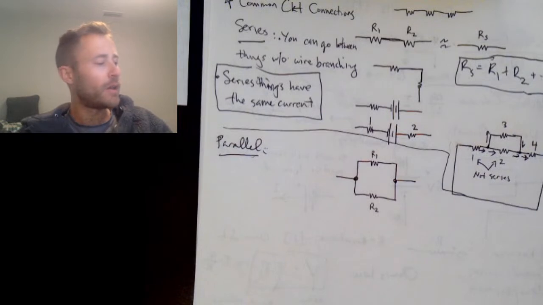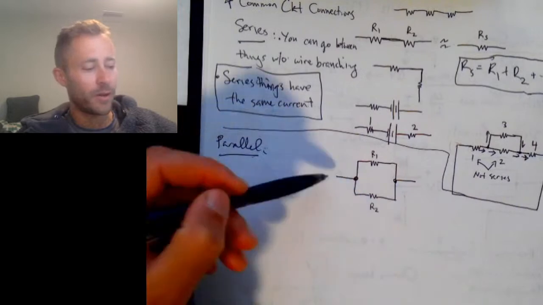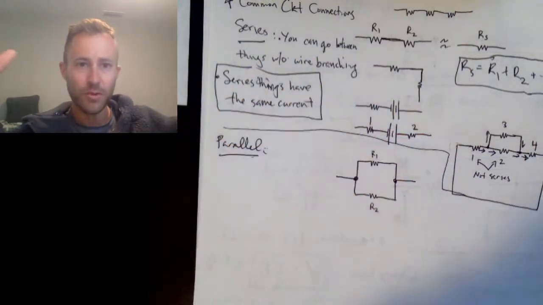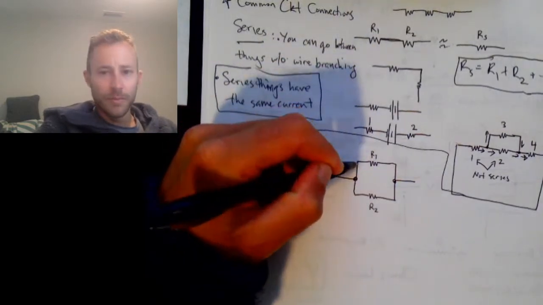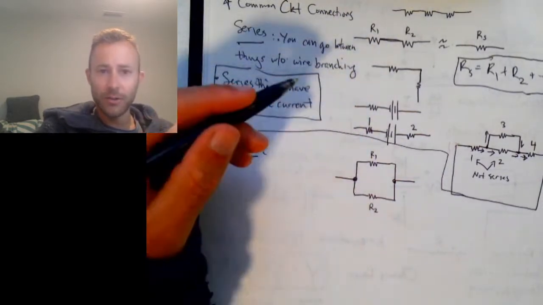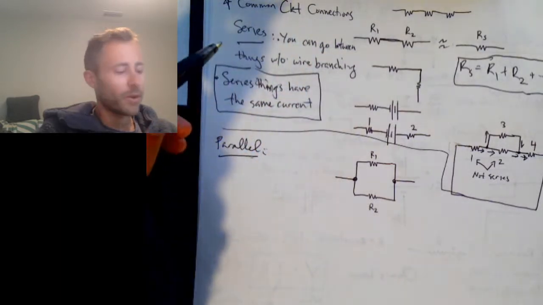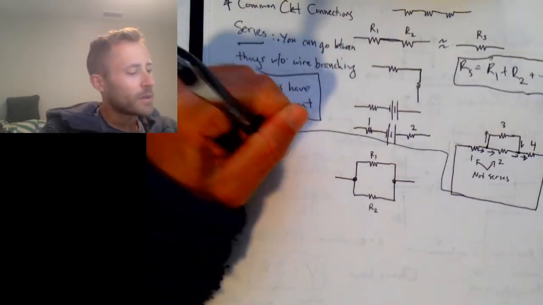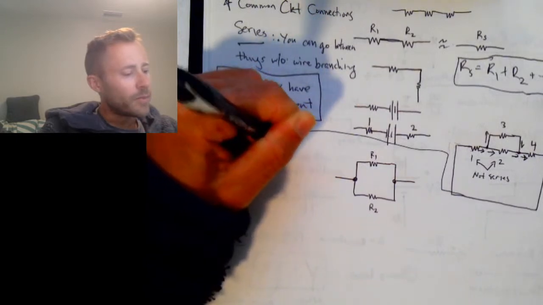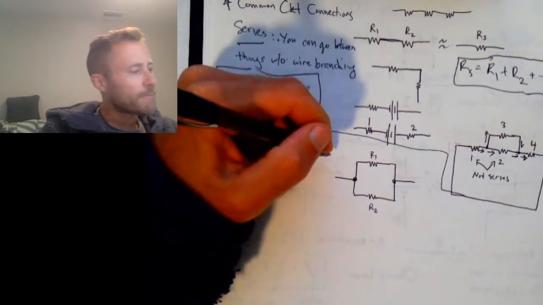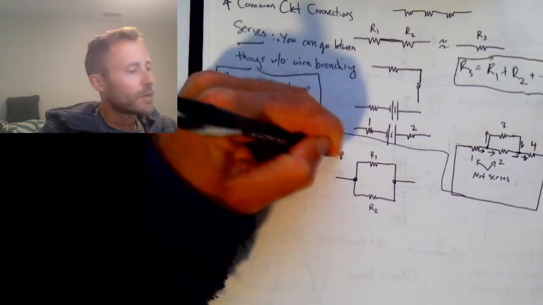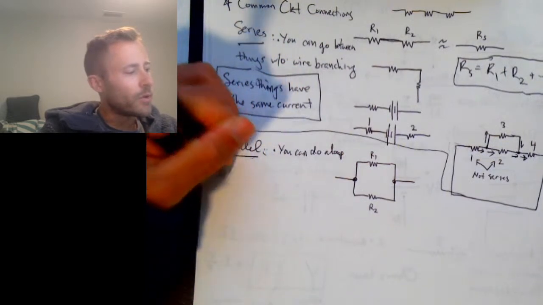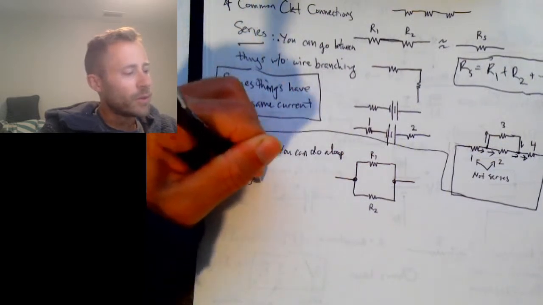We can think about circuits in the same way. We can think about a circuit as a system of trails. And if you can do a loop in a circuit where you only encounter two things, then those two things are in parallel. So you can do a loop with only those things.